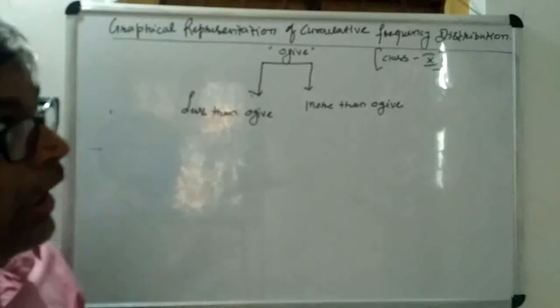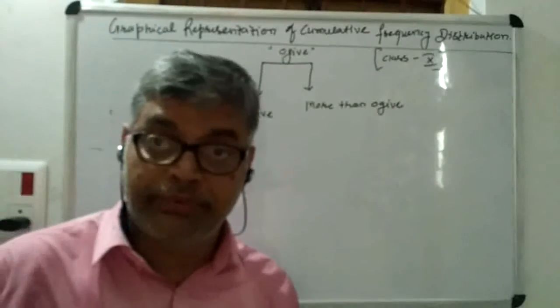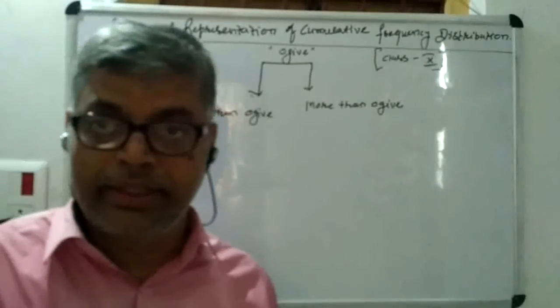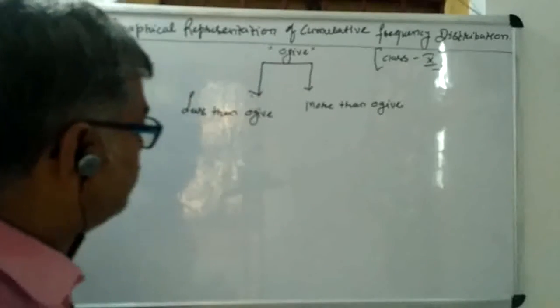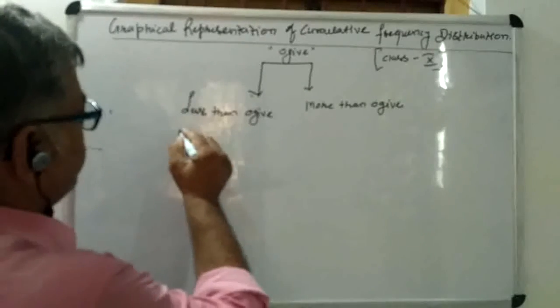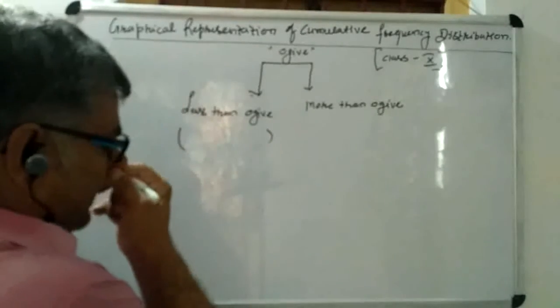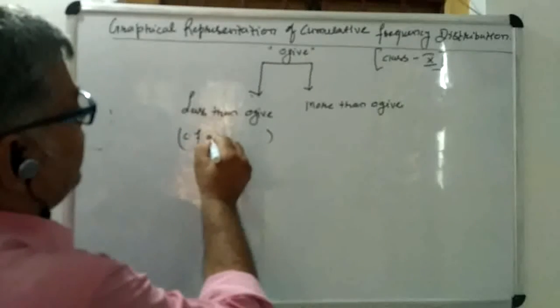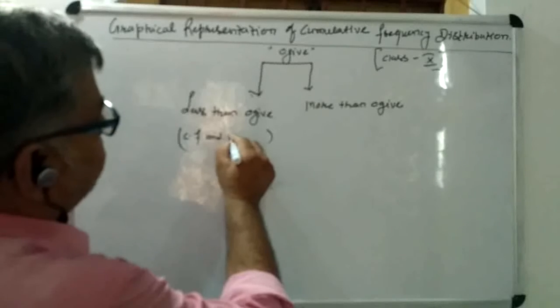So ogives are of two types. One is less than ogive and another is more than ogive. Less than ogive is always drawn between cumulative frequency and upper limit.